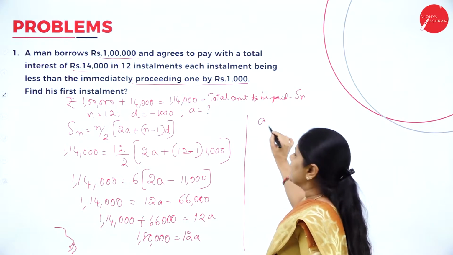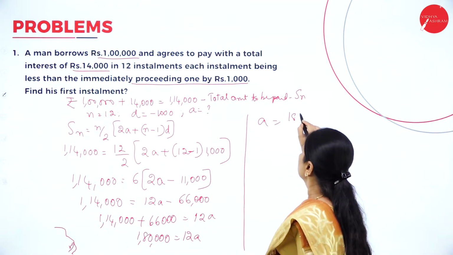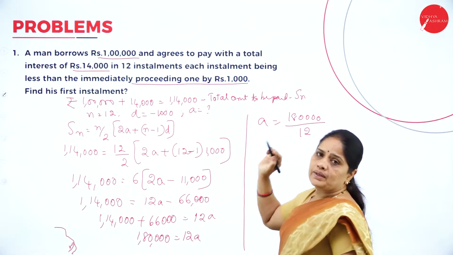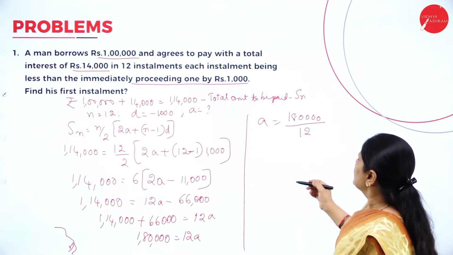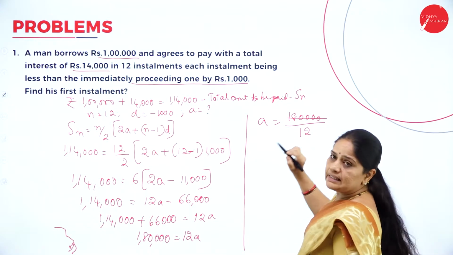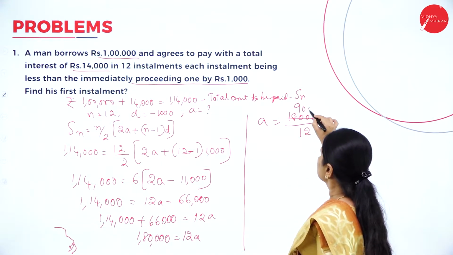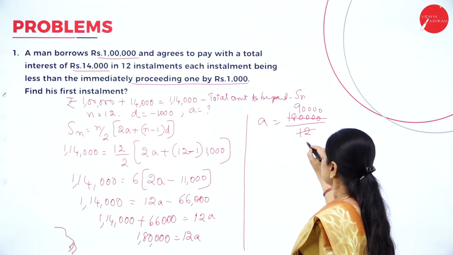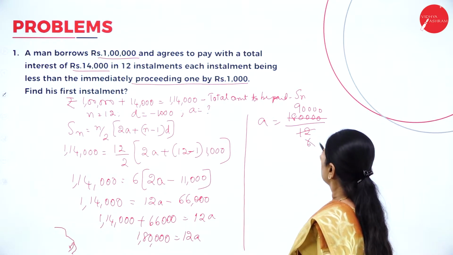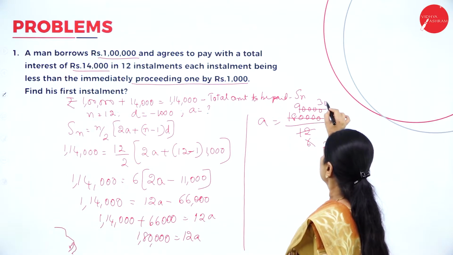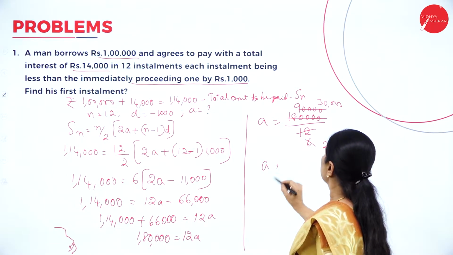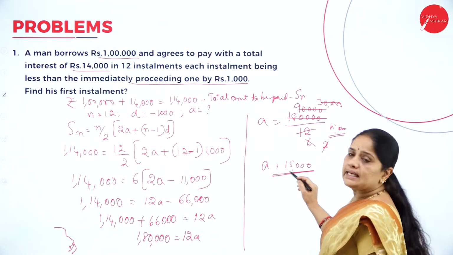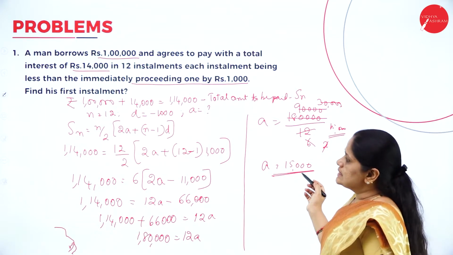Now, I want A. A will be equal to 1,80,000 divided by 12. When we divide 1,80,000 by 12, I'll simplify this to 9,000 by 6, then 3 2s are 6, so A will be equal to 15,000. So I am getting A equals 15,000. So this is the answer.